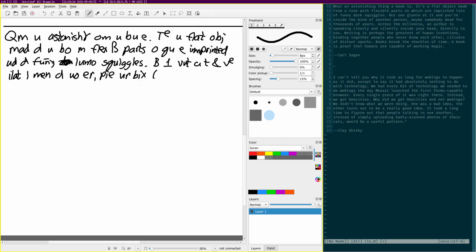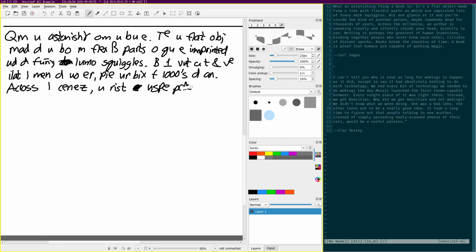Beaks fro thousands de an. Across le senes, we'll say, urist a uspe, we don't even need the a, pelk, let me rewrite that, that's really hard to read.